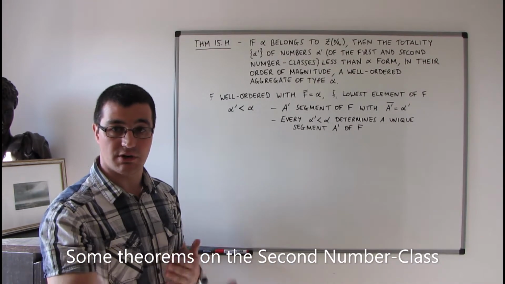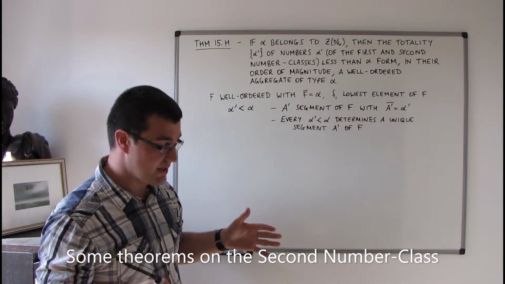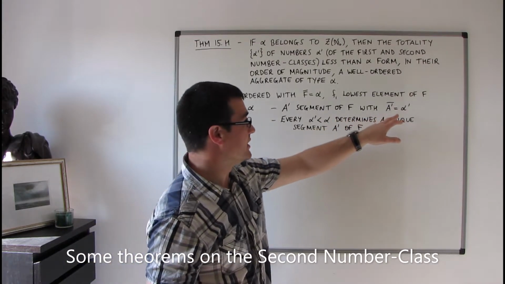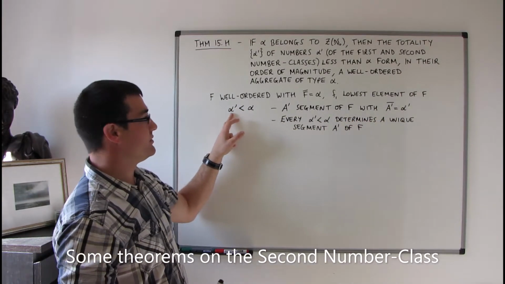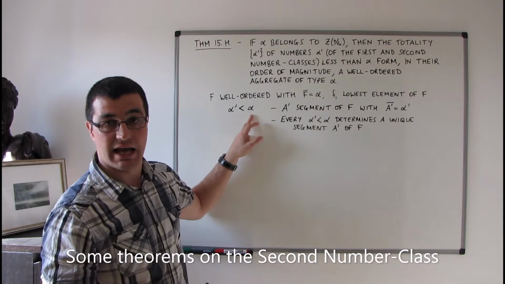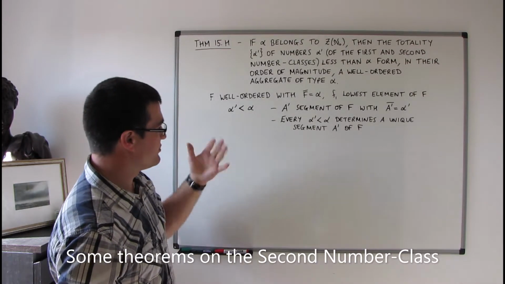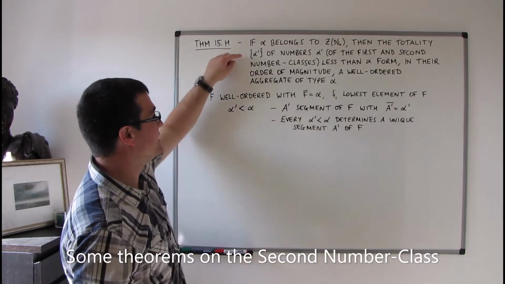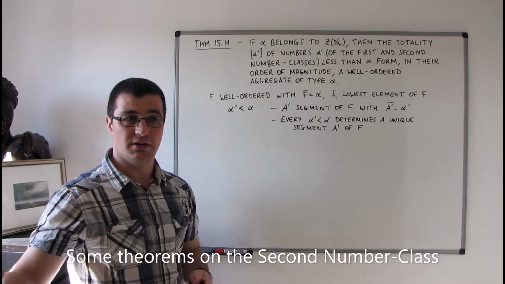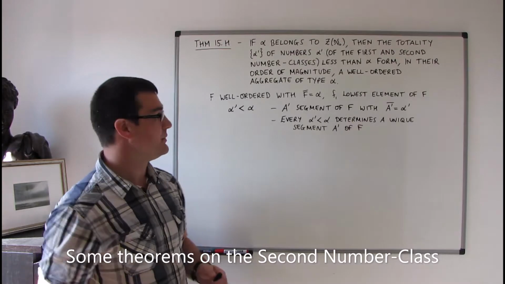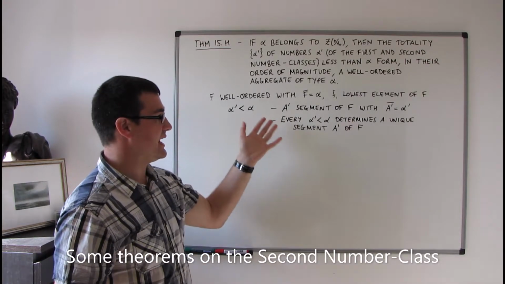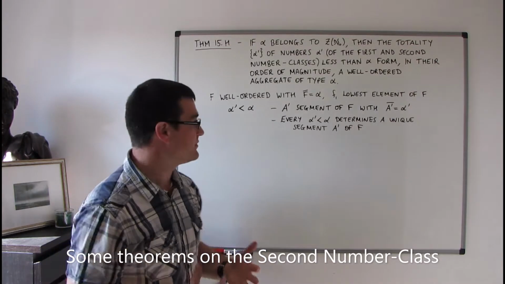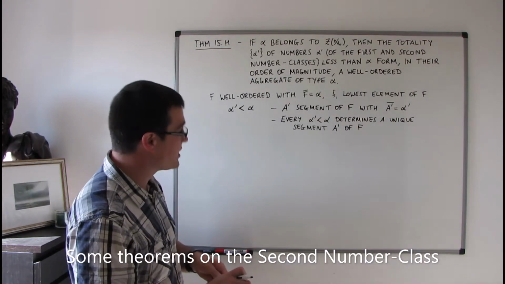So this gives a one-to-one correspondence between the segments of F and these ordinal numbers less than alpha. But really, I'm wanting a one-to-one correspondence between this aggregate and some other well-ordered aggregate. The aggregate of segments of F just seems a bit confusing, a bit overly complicated.